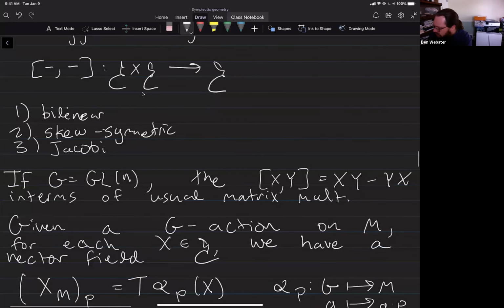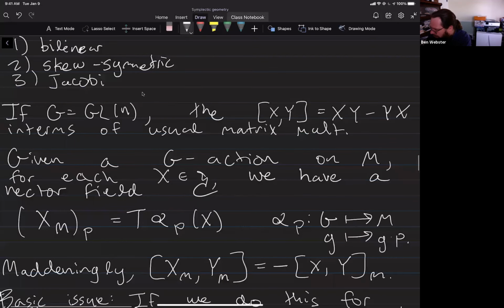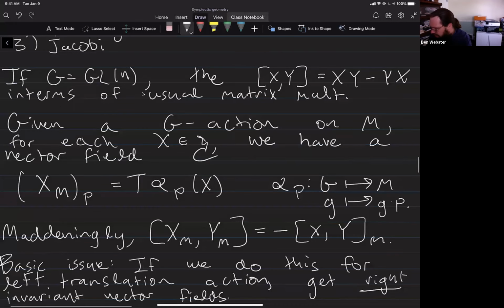All right, so one thing that's going to be very important for us is that when I have a G action on a manifold, every element of the Lie algebra gives me a vector field on the manifold. So if the element of the Lie algebra is called X and the manifold is called M, I'll call it X sub M. When I want to know what this vector field is at a point P, I look at the action map.